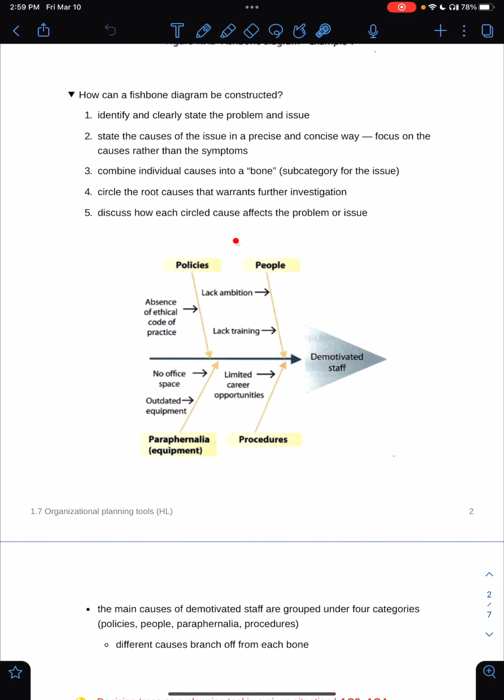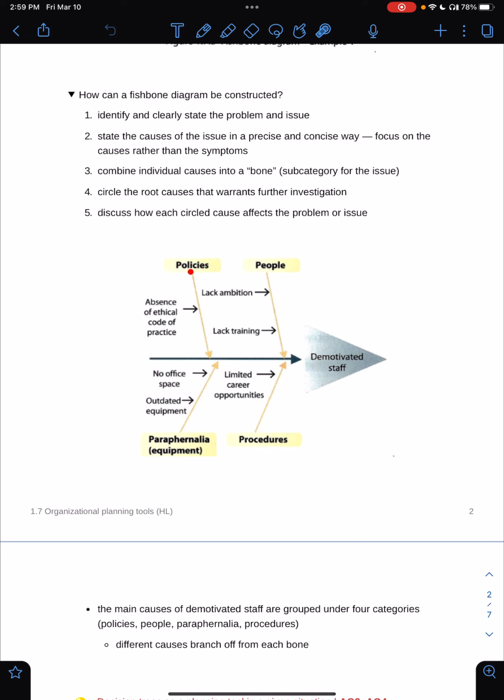When we take a look at this example here, we can see that the effect is a demotivated staff or demotivated workforce. And on the left, we can see the causes of this effect, and they're broken down into 4 different bones, 4 different subcategories. The first one being policies, the second one people, the third one being equipment, and lastly, the fourth one being procedures.